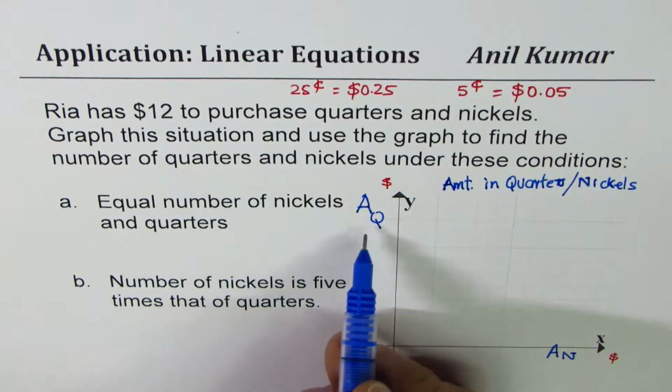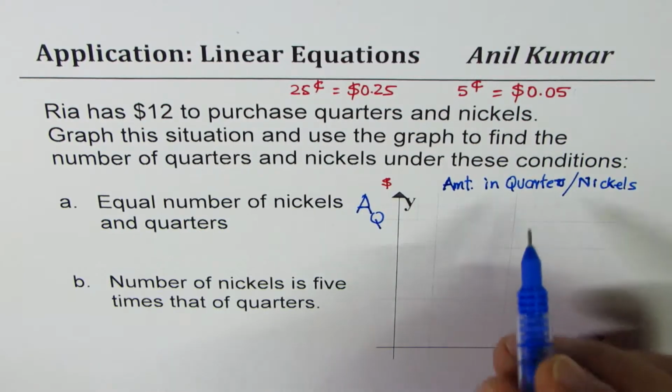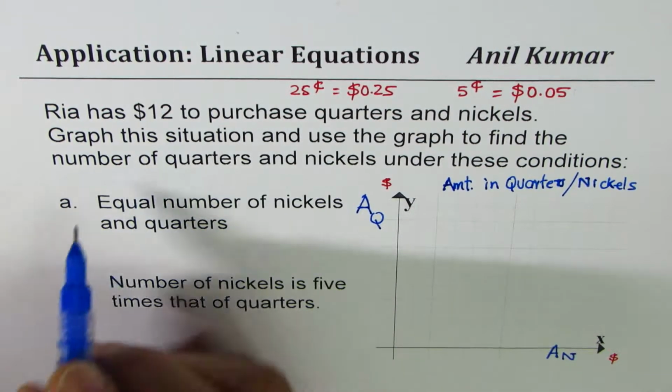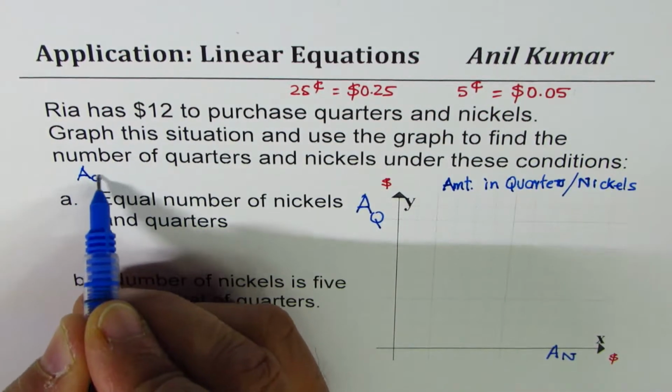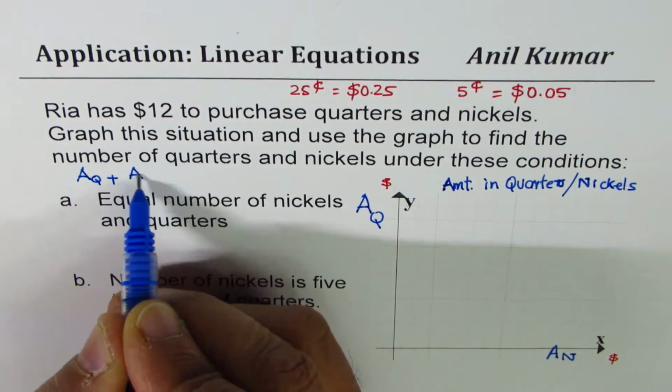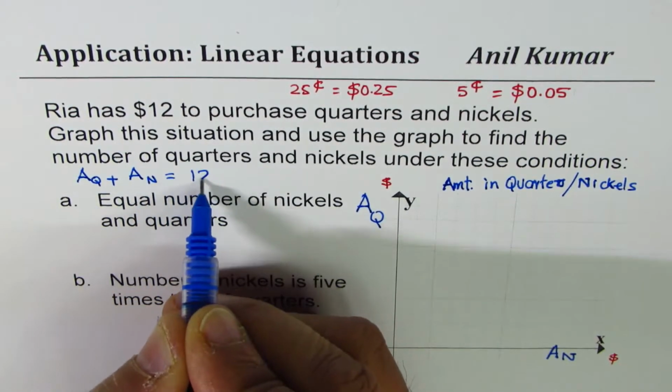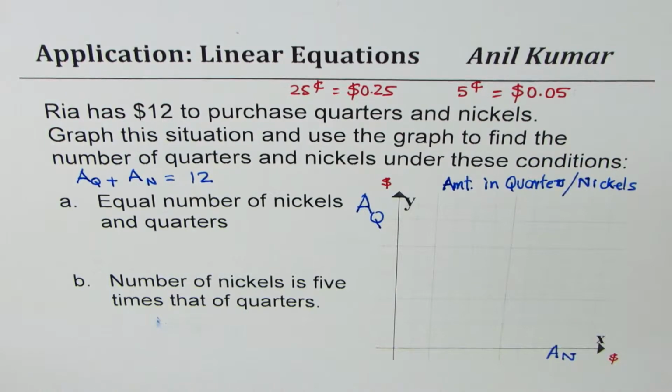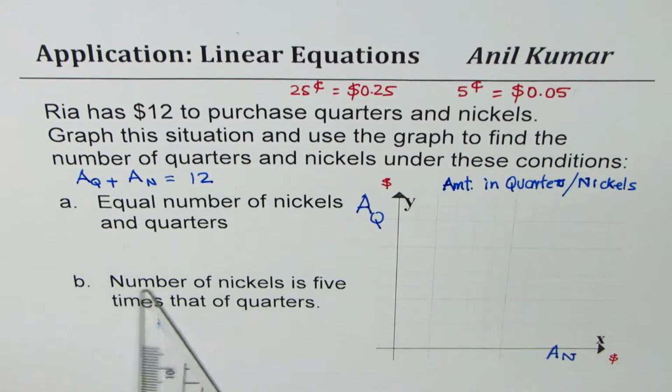So AQ is amount in quarters. So the relation here is amount in quarters plus amount in nickels is equal to 12. So that gives you an idea. That's a straight line where sum of these two is 12.